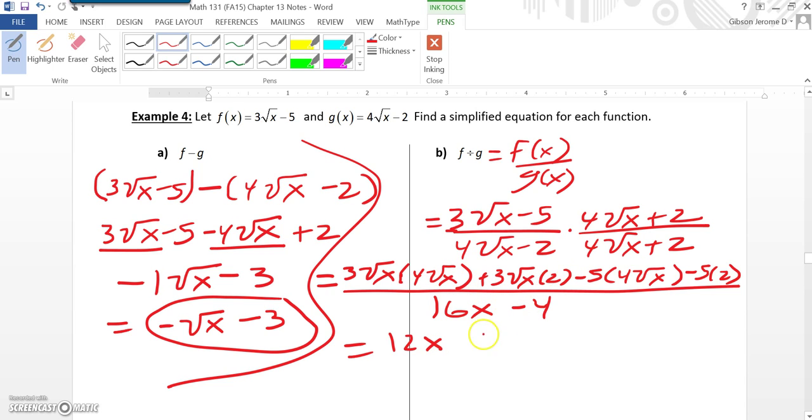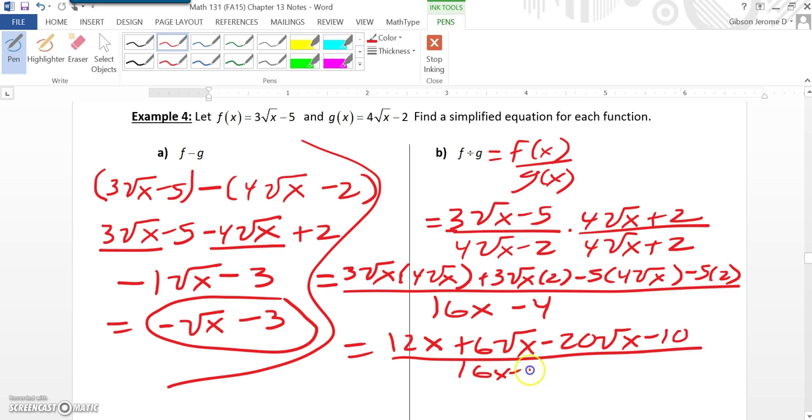Plus 3 square root of x times 2, which will give us 6 square root of x. Negative 5 times 4 square root of x would be negative 20 square root of x. And negative 5 times 2 will give us negative 10. And this is all over 16x minus 4.